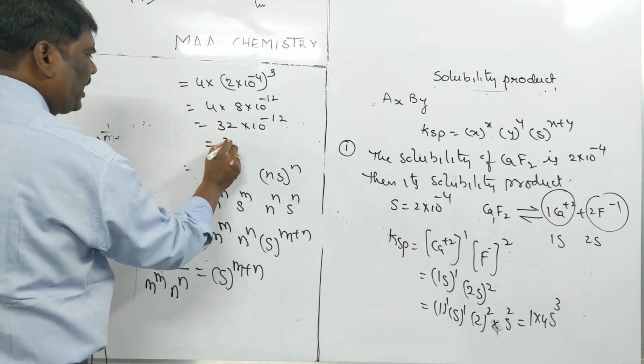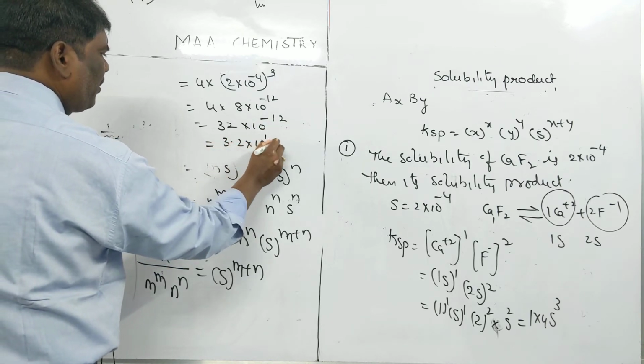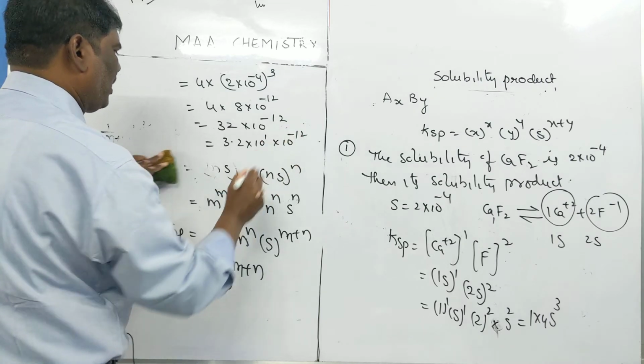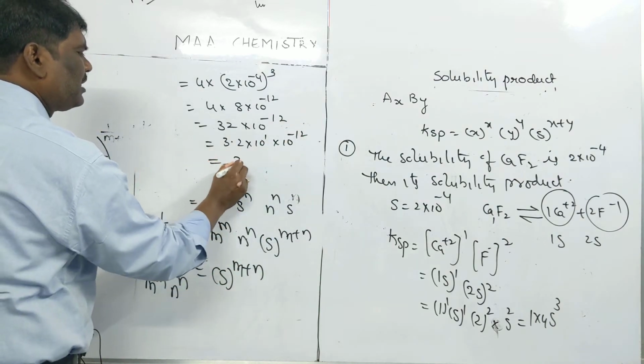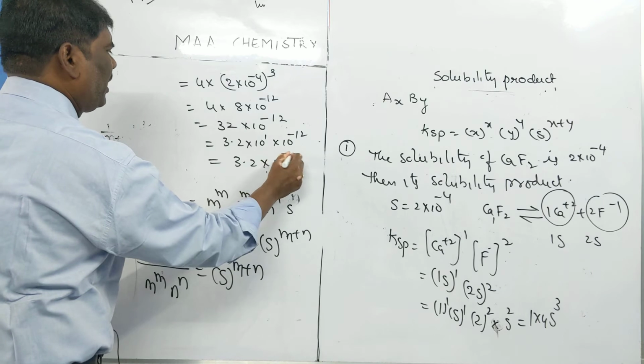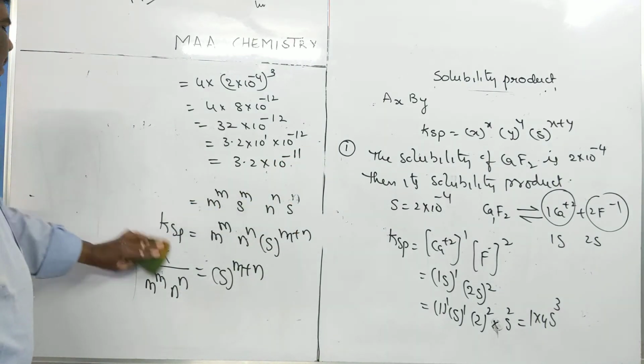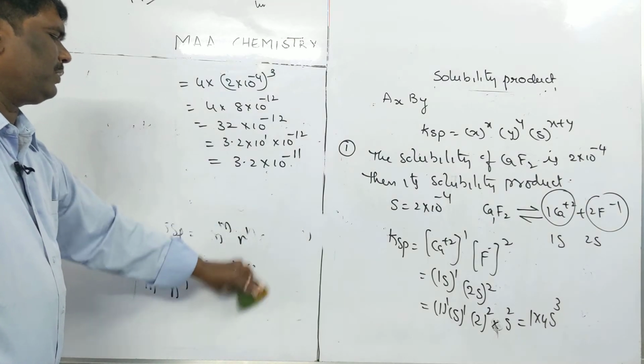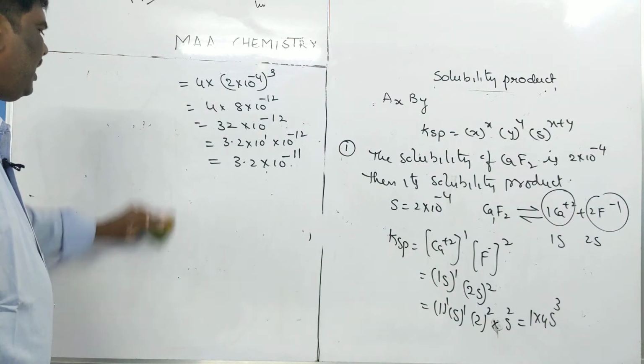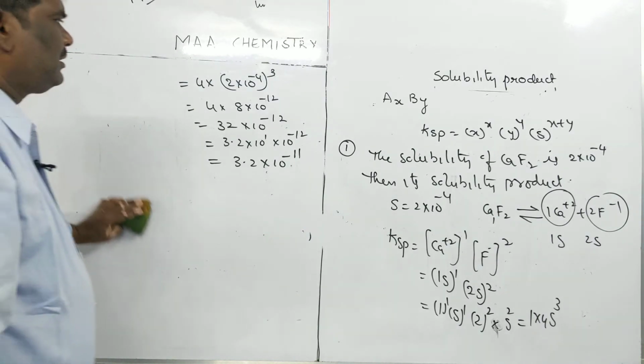Or this can be taken as 3.2 × 10¹ × 10⁻¹², or 3.2 × 10⁻¹¹. This is the solubility product of CaF2. Clear? The next one.